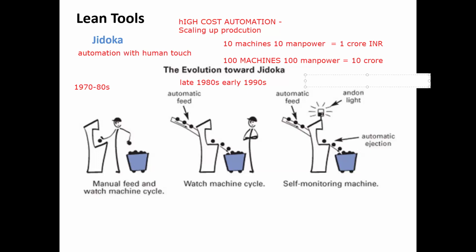So there's a tremendous improvement in productivity. We call it a self-monitoring machine. In this case, one operator will be able to take care of maybe 15 to 20 machines together. So this way, the concept of Jidoka has evolved over a period of time.